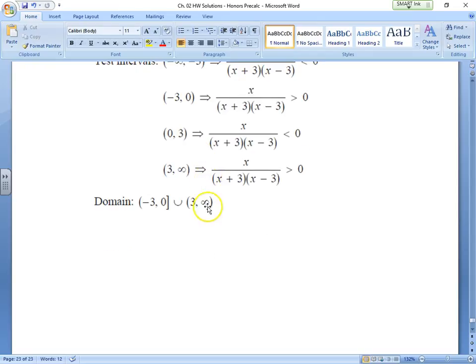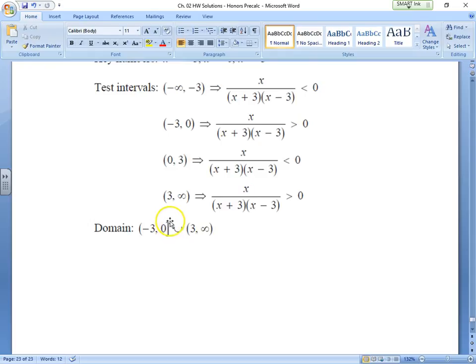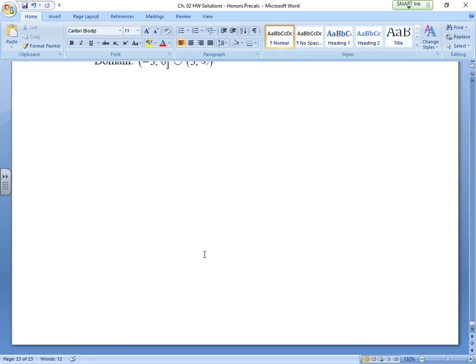Why wasn't there a bracket by the 3 then? Where did the 3 come from? Uh-oh, and the bottom, aren't those undefined points? So we're allowed to have the one that's a 0, but we're not allowed to have the one that's an undefined point. So the bottom, he would never put a bracket for, because it's not allowed to be. Yeah. Good question.